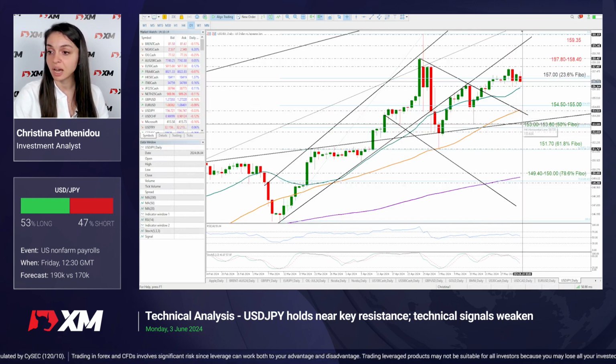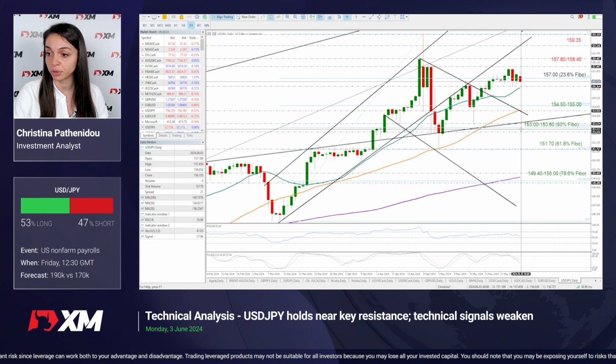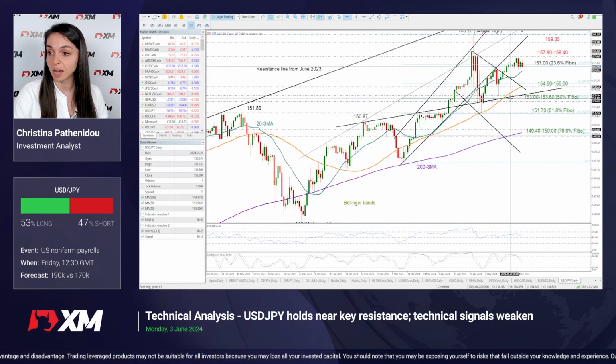Below that, I would pay attention to the 153.60 territory and the 153 number. This is where the 50% Fibonacci retracement of this up leg as well as this key constraining line are located. A break below that territory would worsen the short-term outlook.